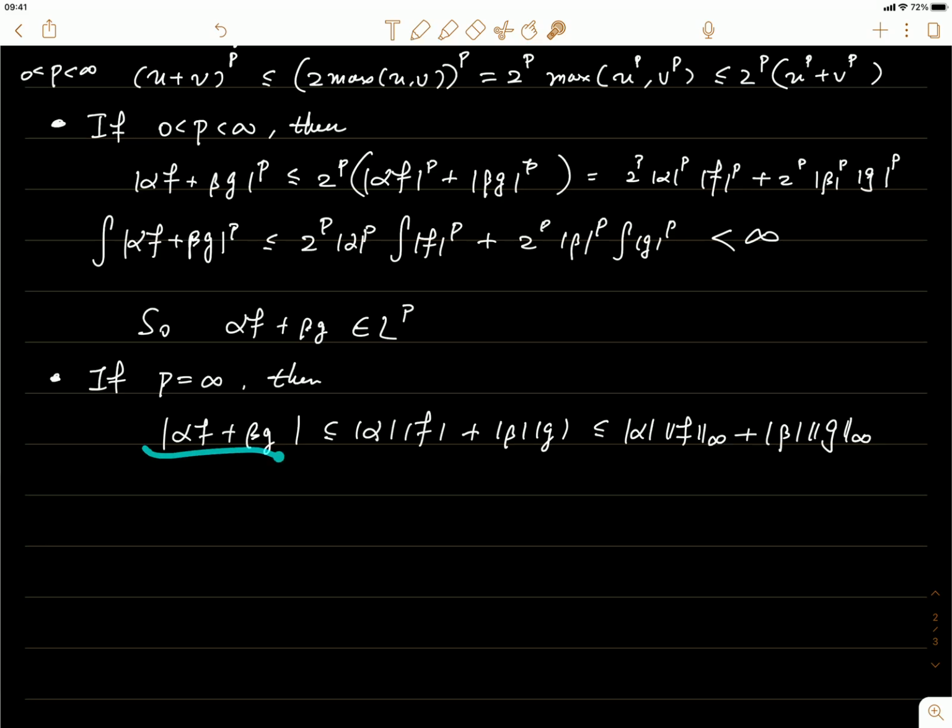So that's why this is bounded by a fixed number almost everywhere, and that implies that this is also in L infinity.